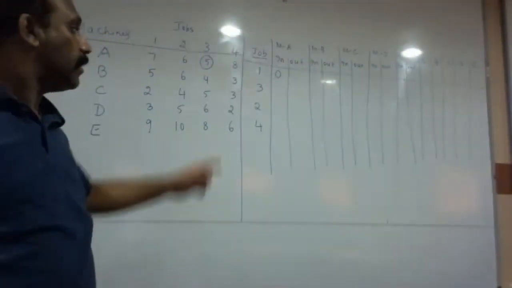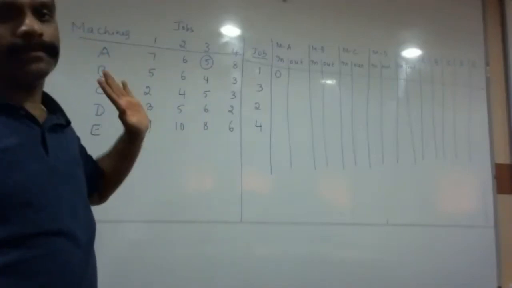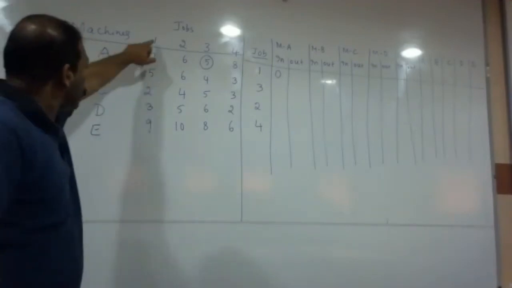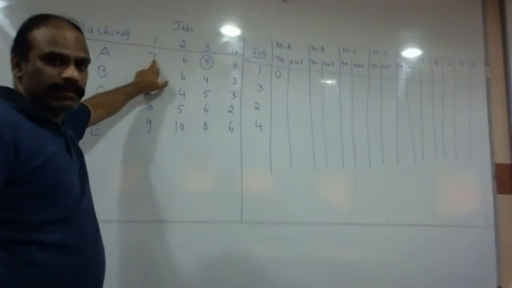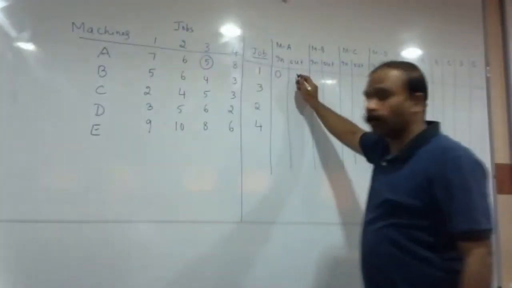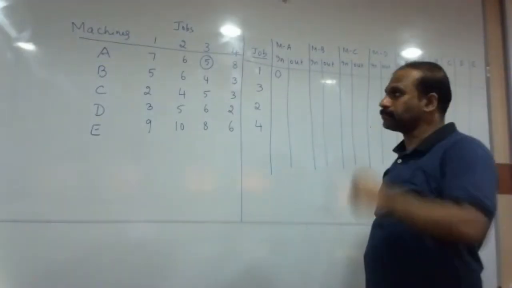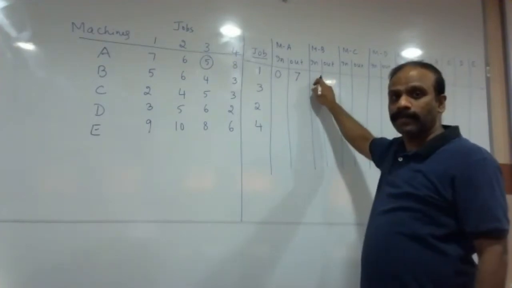Now, can you please tell me the values? We have started with job number 1. For job number 1, machine A is taking 7 hours or 7 minutes. If it's starting at 0, what time will it come out? 7. So what time am I supposed to start at B? 7.